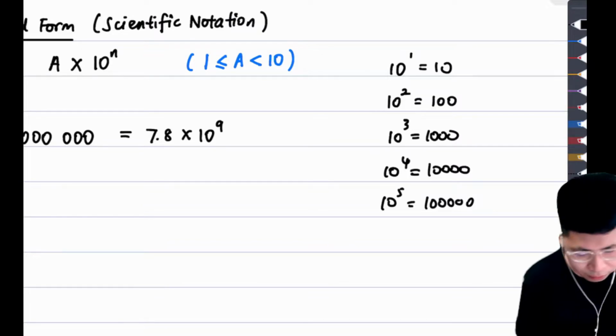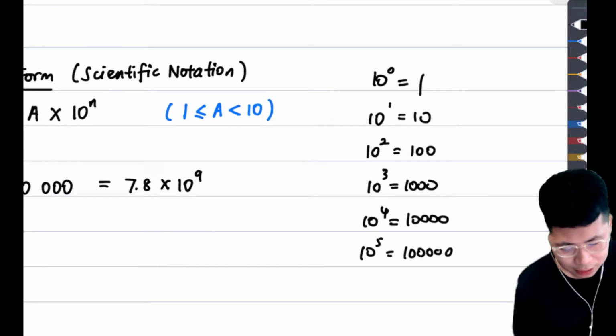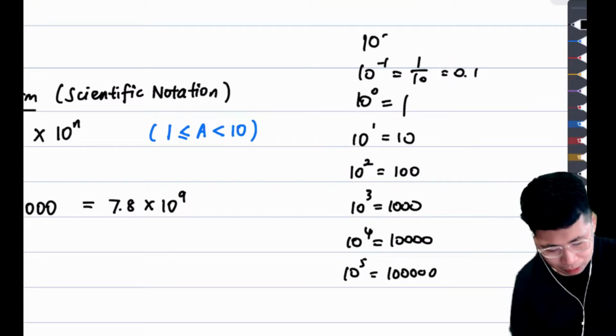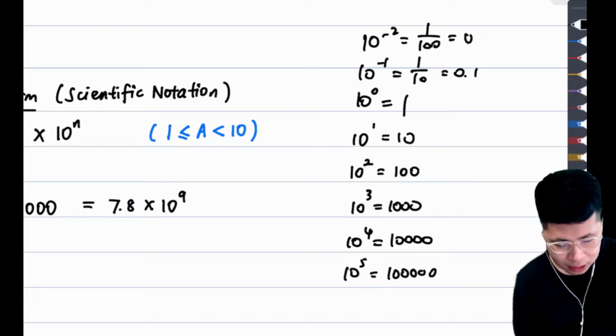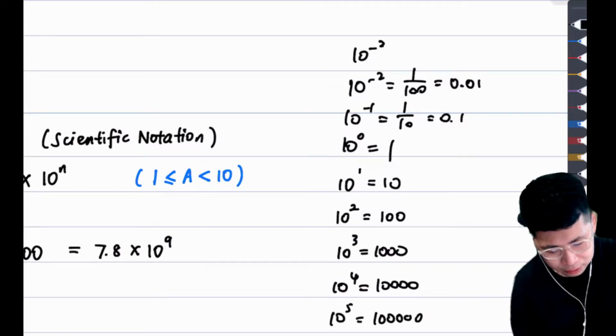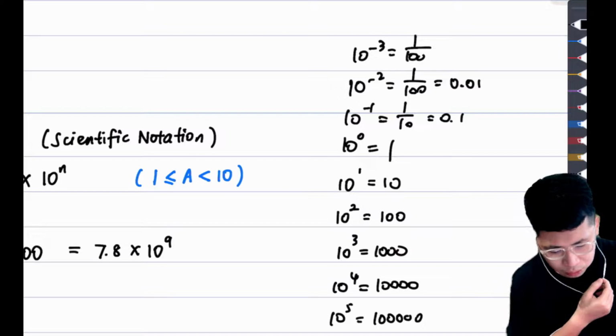And if you go the other way, 10 to the power of 0 is 1. 10 to the power of negative 1 would be 1 over 10, or 0.1. 10 to the power of negative 2 would be 1 over 10 squared, so 1 over 100, 0.01. 10 to the power of negative 3 is 1 over 10 cubed, so 1 over 1000, 0.001.